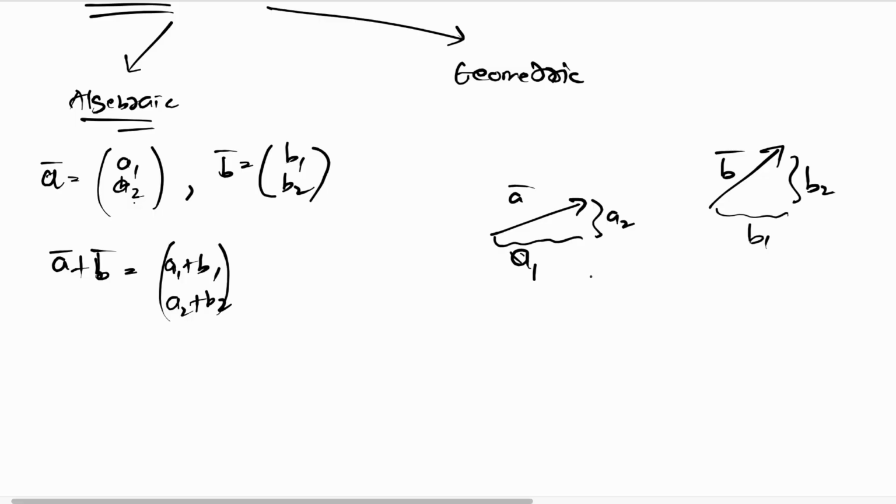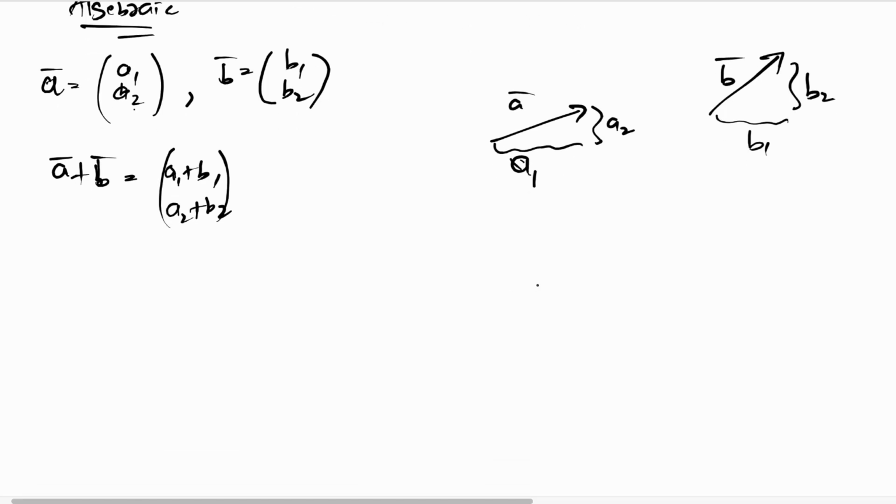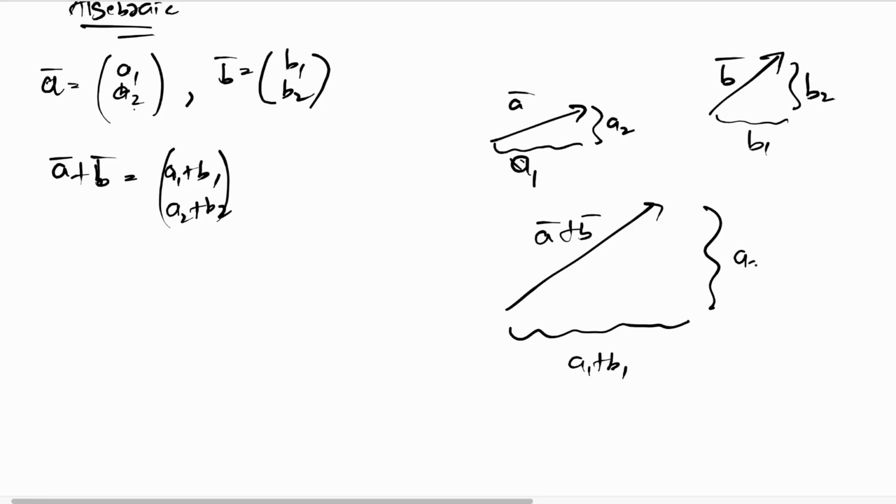So algebraically, the addition a bar plus b bar has the x component as a1 plus b1, which is addition of the respective x components, and a2 plus b2 as the addition of the respective y components. So that means a bar plus b bar is a new vector whose x component is a1 plus b1 and y component is a2 plus b2.